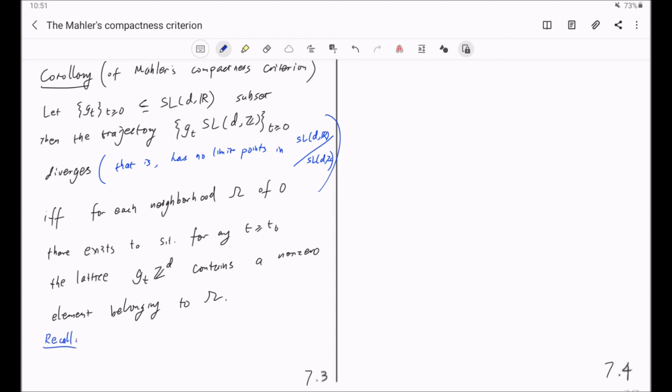Recall that we have the identification of SL_d(R) mod SL_d(Z), the space of unimodular lattices in R^d.